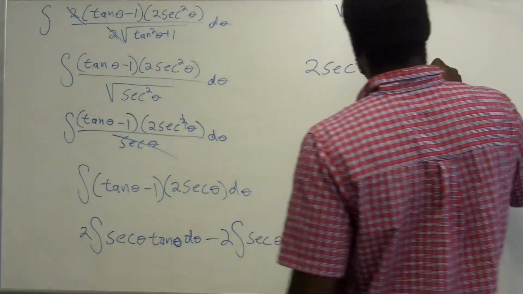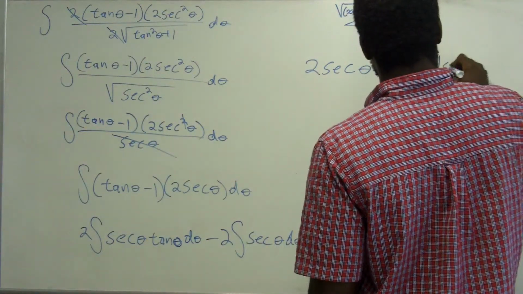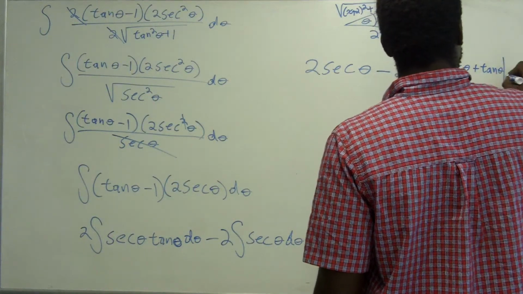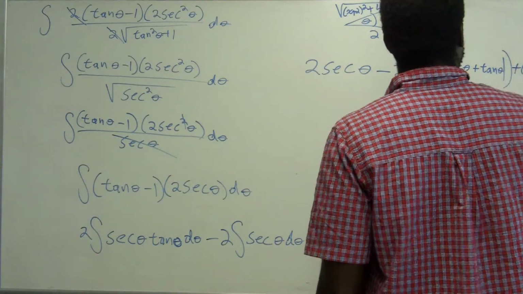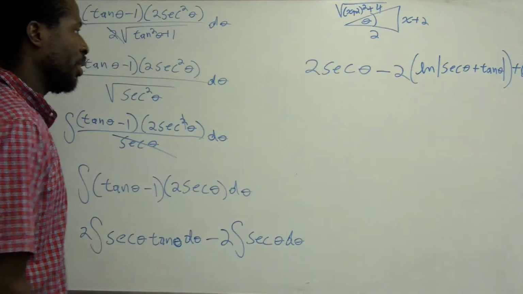So this integral is the natural log of the absolute value of the secant of theta plus the tangent of theta, and then this is going to be plus c. Alright, so I get this after I integrate.